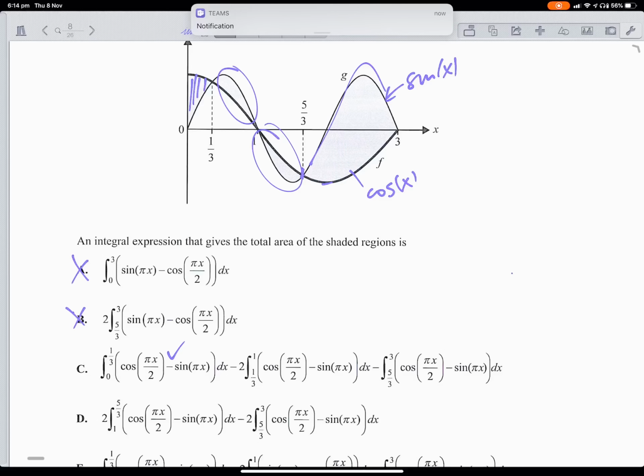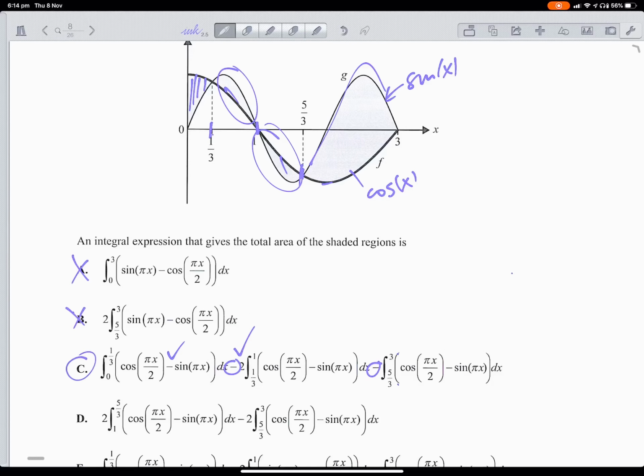-2 1/3, 1/3 to there, and then because I've got cos x minus sine of x, they're the wrong way around, so we've got a negative out the front. So that's all right for those two areas. This area, sine is above, so we've got a negative out the front, and we've got cos, and then 3 on 5. That's our answer, because that is correct.